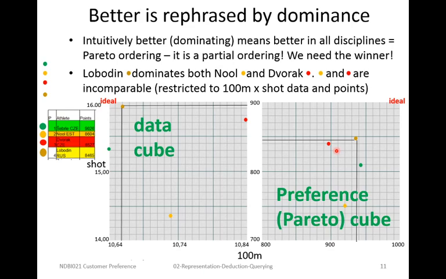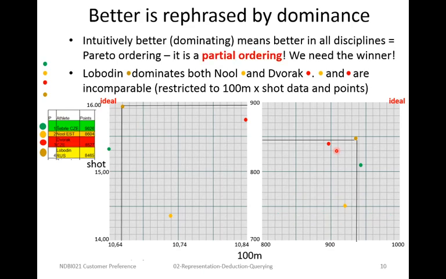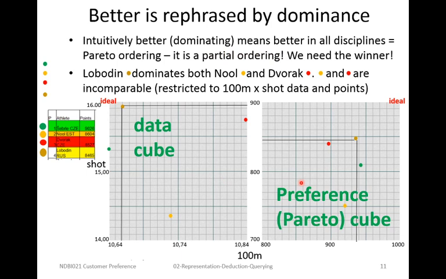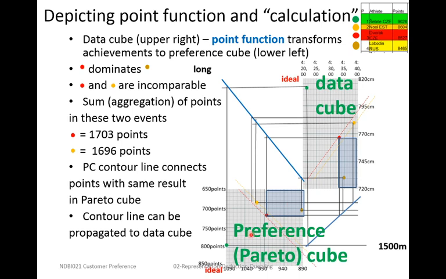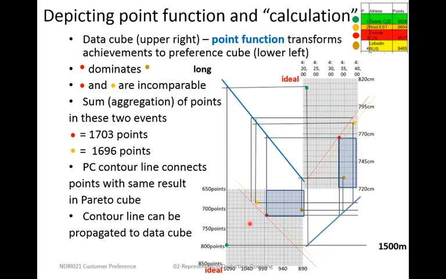Before, we had this picture separately. So here the data cube and preference cube were separate, but now we put them together into one picture. And now this pointing function makes a translation.